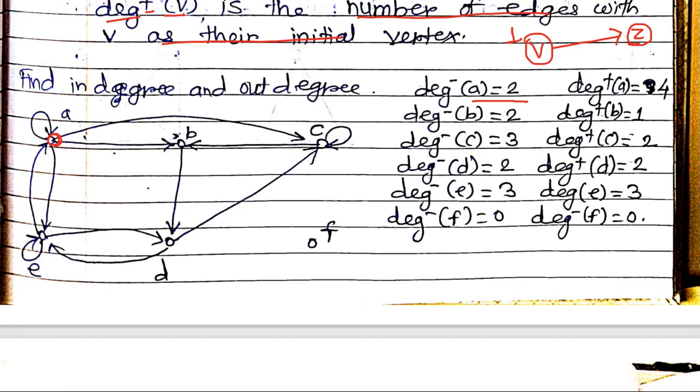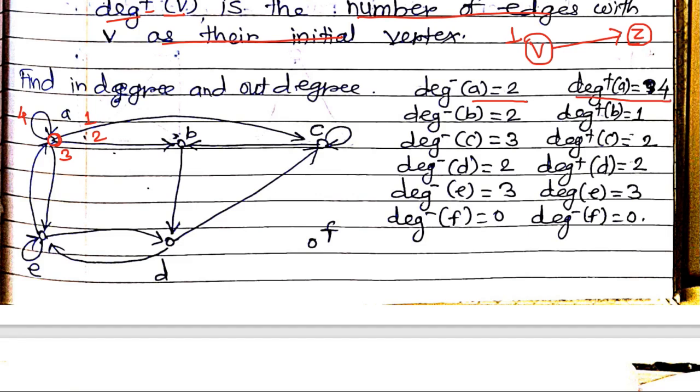At the same time, vertex a has how many outgoing edges? This is one outgoing edge, this is the second, this is the third, and this self loop is also an outgoing edge. So the out degree is 4.